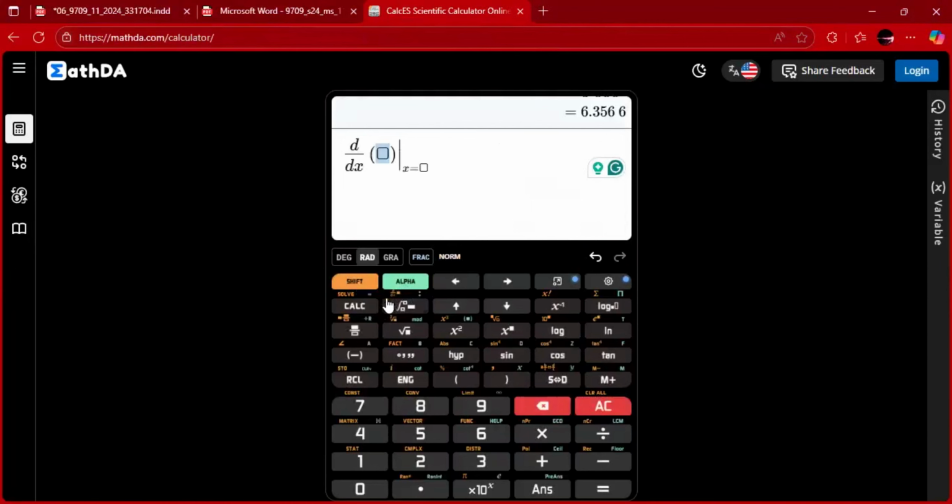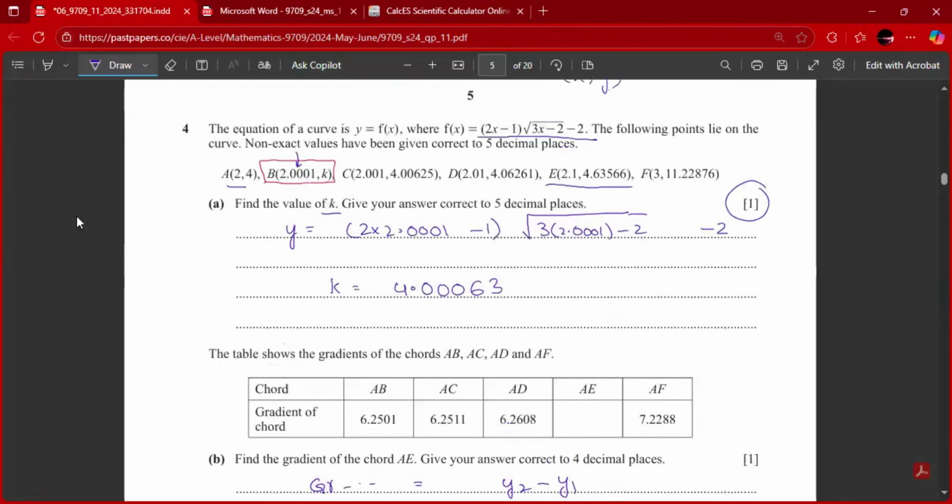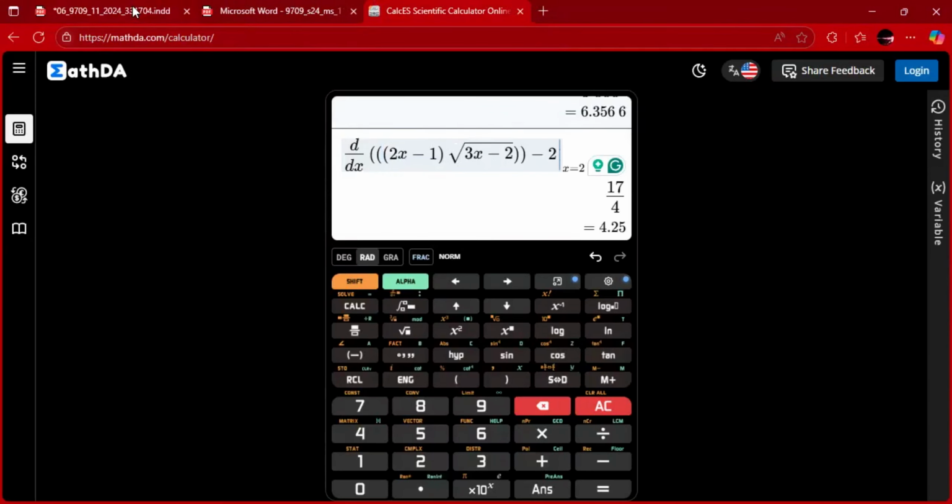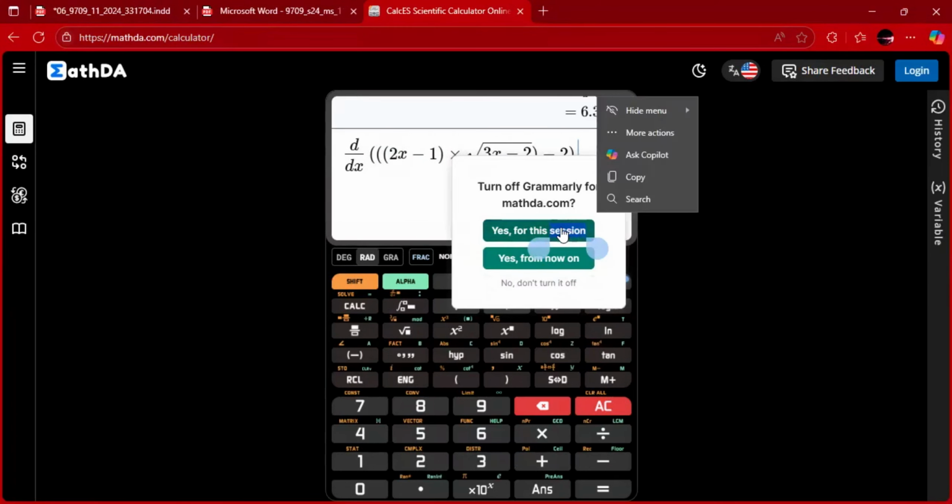Okay, so this function in our calculator means gradient. So now just let me write the whole equation. So 2.5.